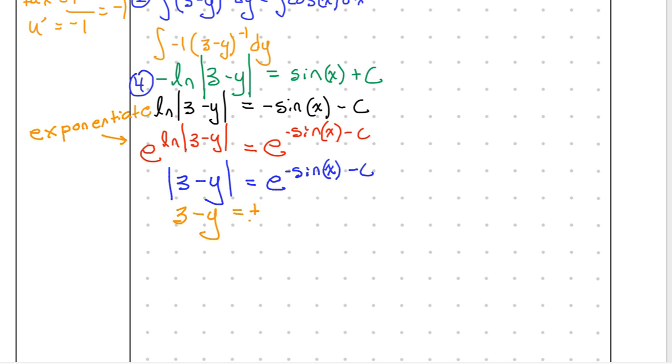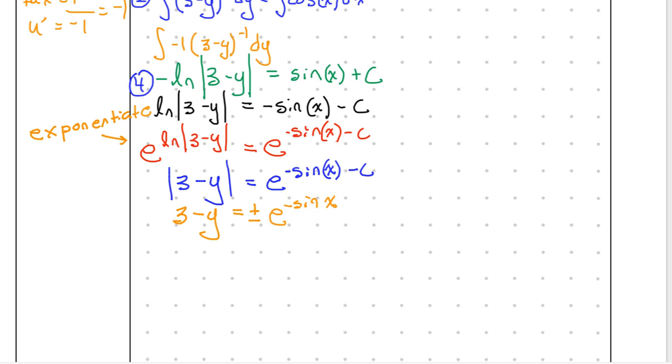So this is now going to be plus or minus e to the negative sine of x, and here's the cool part. Oh, you can't make something negative. You can't make something negative? Well, e to a power is always going to be positive. Yeah, you're right that this thing is always going to be positive, but now we're saying it can be positive or negative. We can just add that. It can reflect over the x-axis.